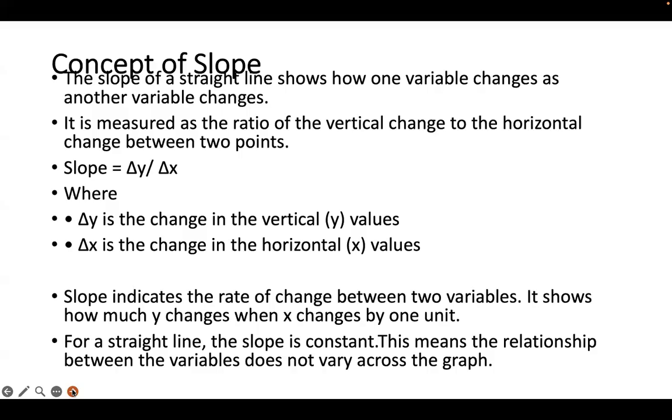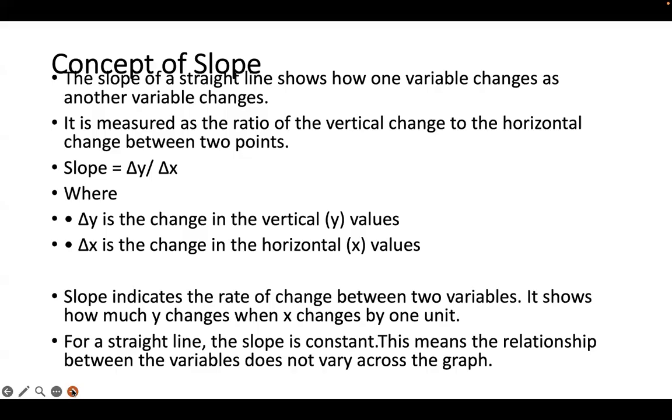Okay. The concept of slope. When you talk about slope, it is just a straight line that shows how one variable changes as another variable changes. It is calculated as the ratio of the vertical change to the horizontal change between two variables.